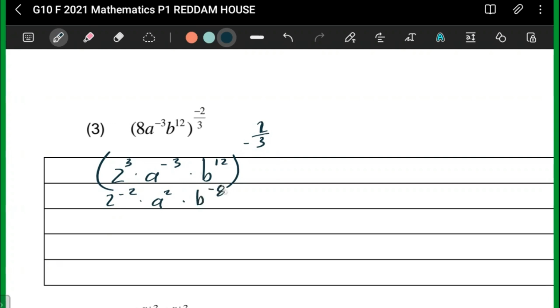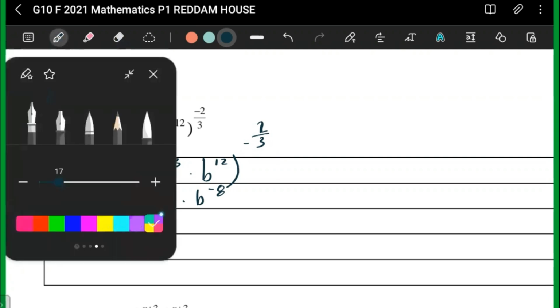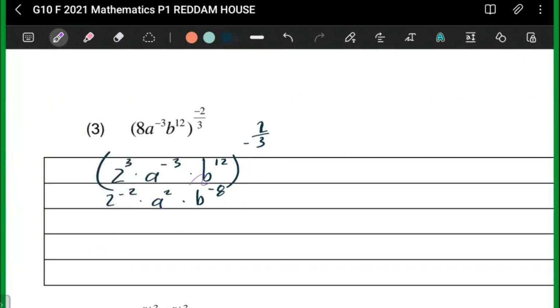So the thing is, your exponents need to be positive, as they said. Anytime you have a negative exponent, all you do is take it under the division line, because you have to remember there's a 1 down here, logically speaking.